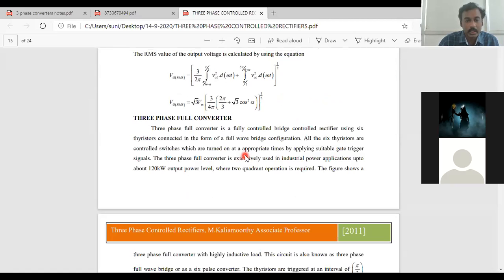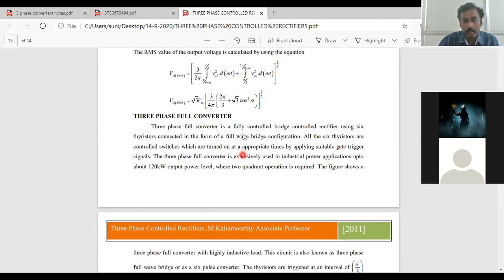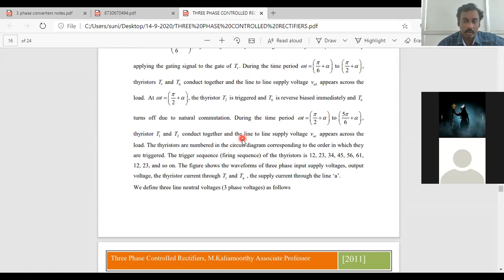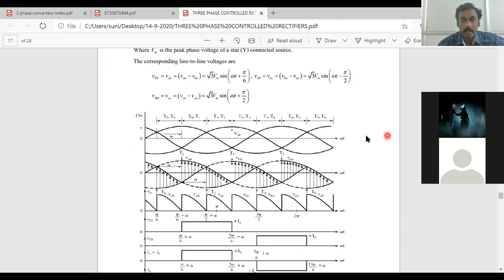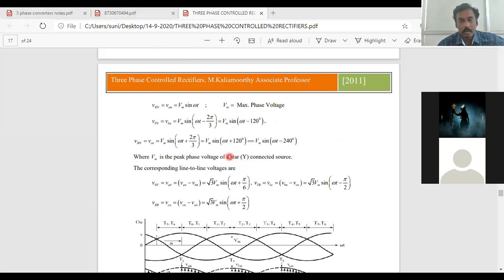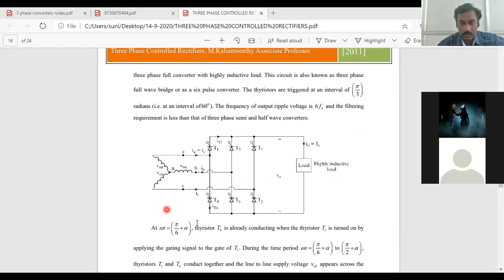So once you simply consider this expression for the output voltage, once the operation is clear to you, then you can simply derive the expression for the output voltage.